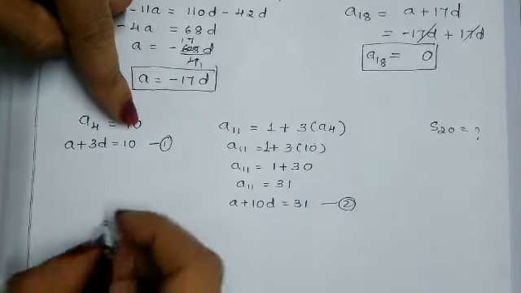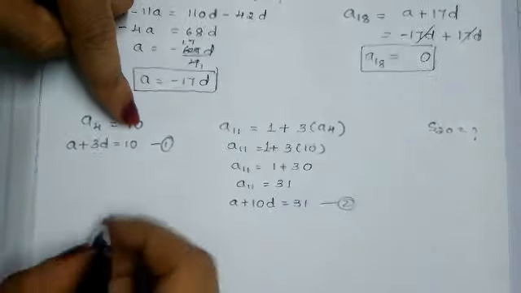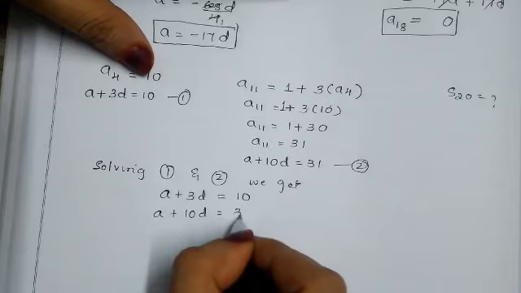Equation 2. Solving 1 and 2, we get a plus 3d is equal to 10 and a plus 10d is equal to 31.